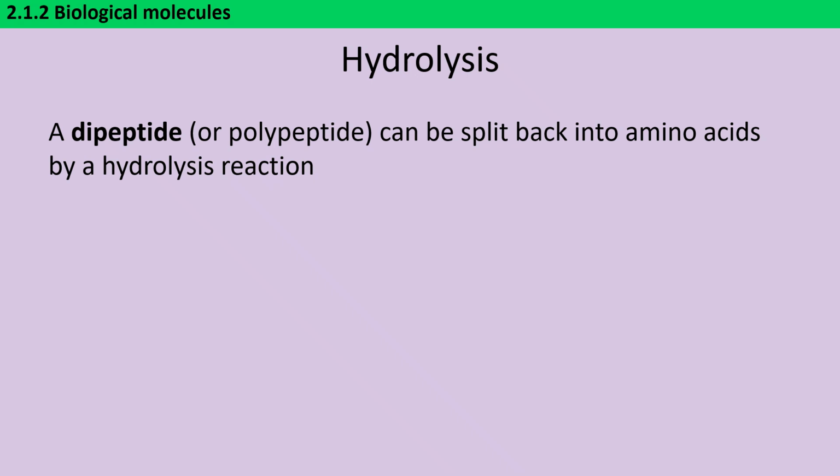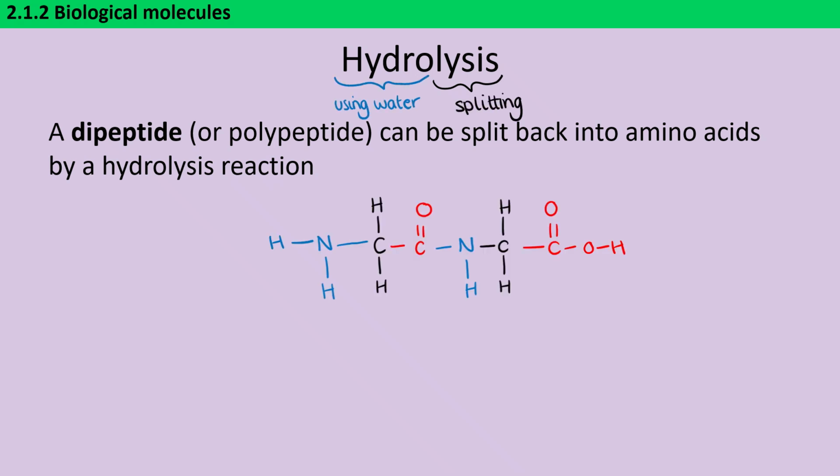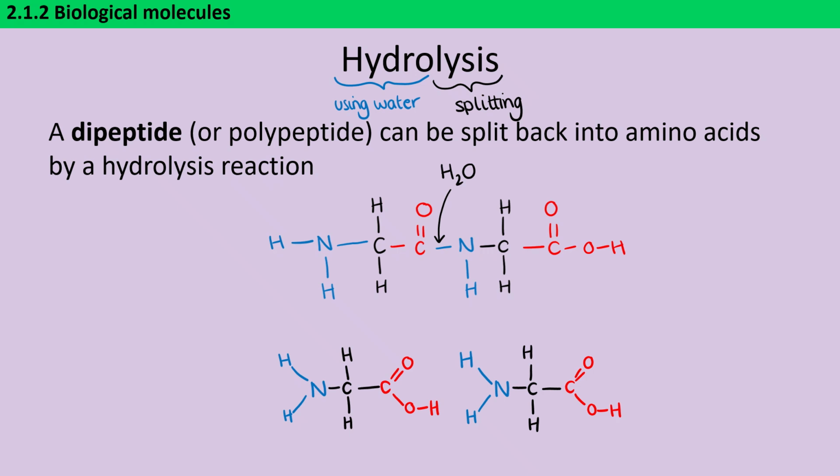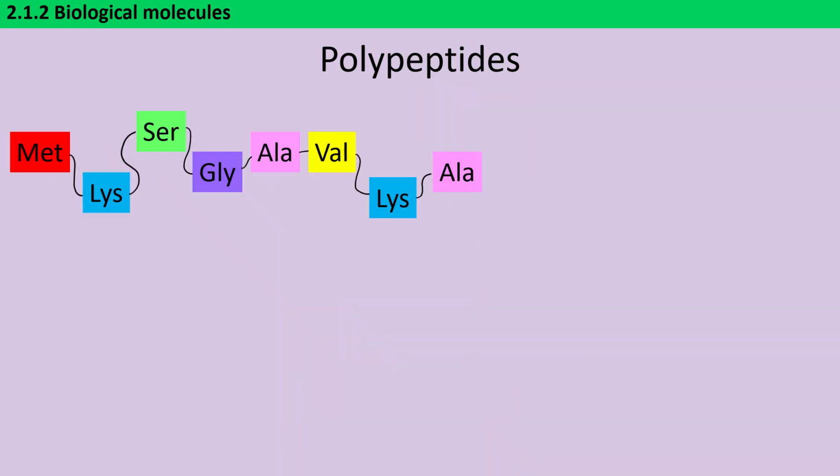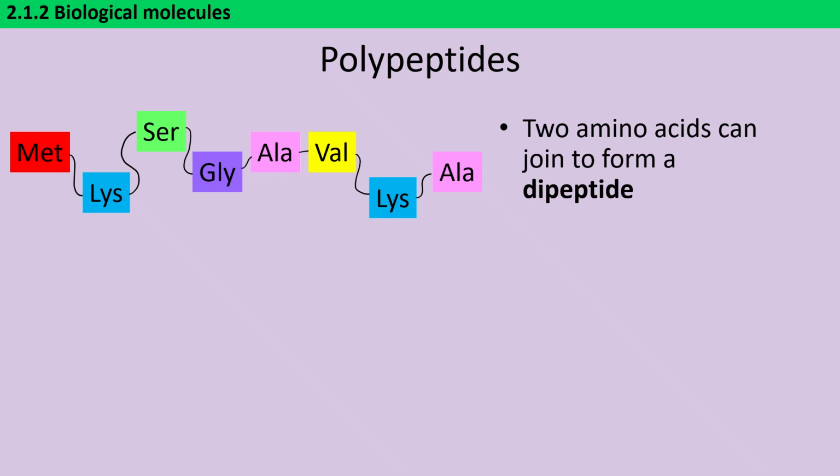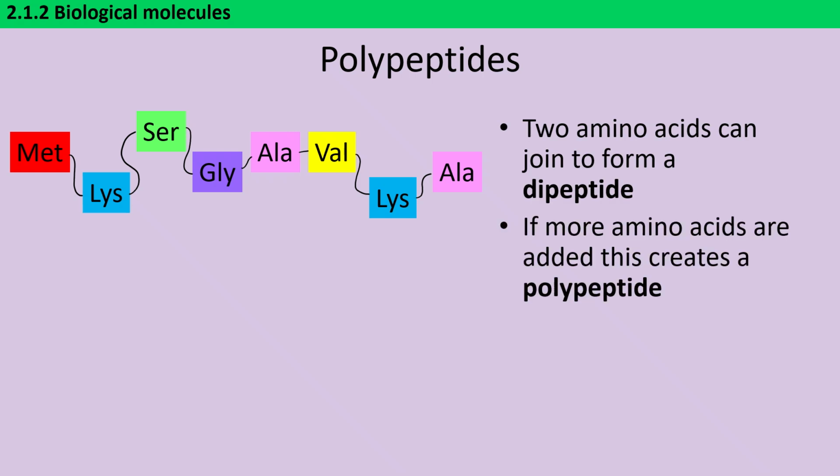Just as we saw for carbohydrates, a condensation reaction can be undone by a hydrolysis reaction. So lysis means splitting and hydro means using water. So we can take our dipeptide or our polypeptide, and by introducing water across the peptide bond, this can be broken to take us back to our 2 amino acids. So 2 amino acids can make a dipeptide and multiple amino acids can make a polypeptide.